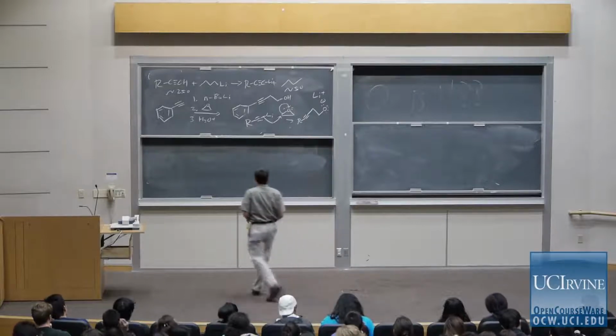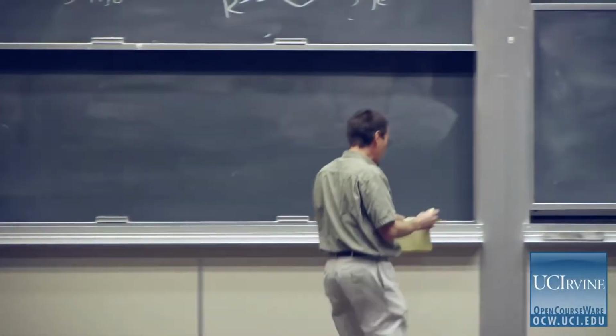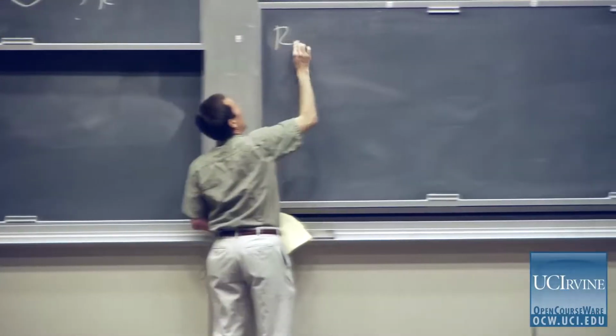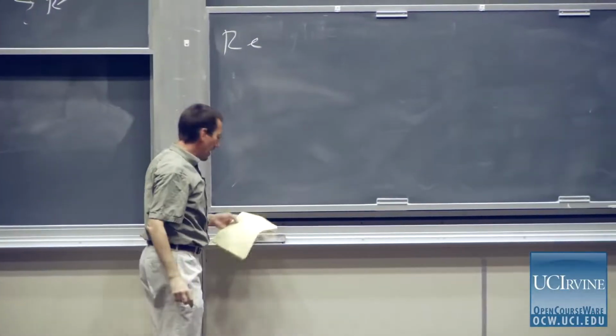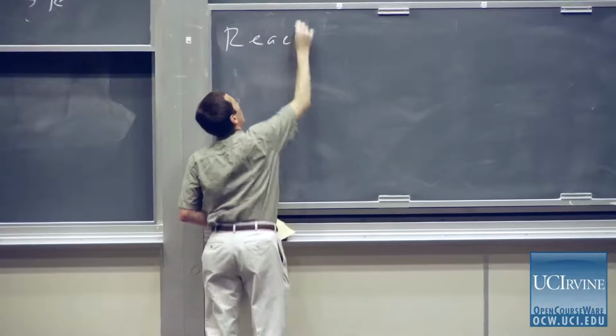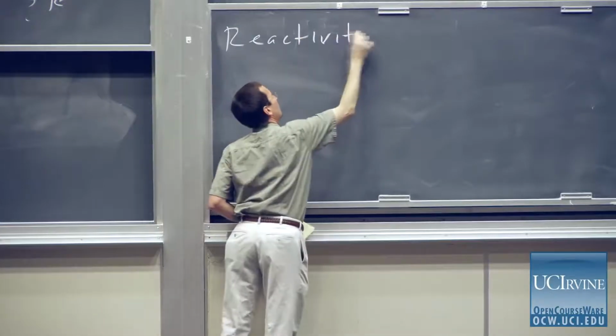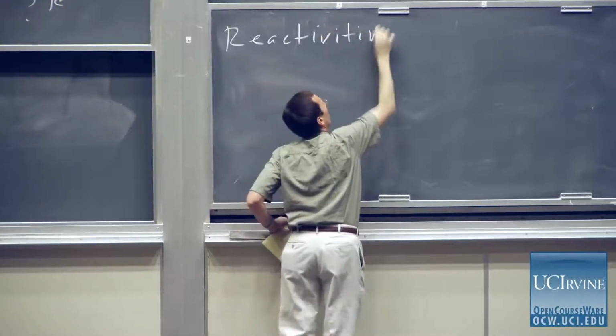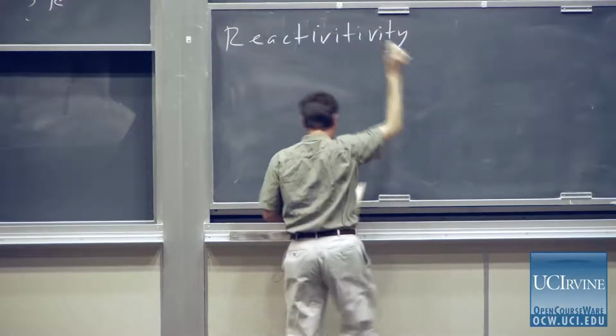At this point, I want to broaden out our thinking and start to talk not just about ketones and aldehydes, but more broadly about the reactivity of the carboxylic acid family.